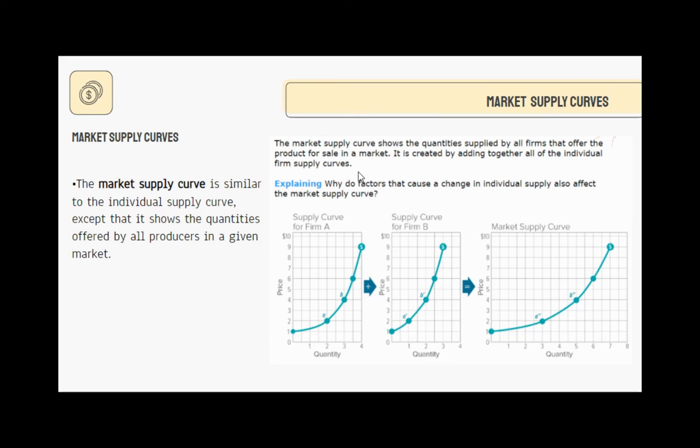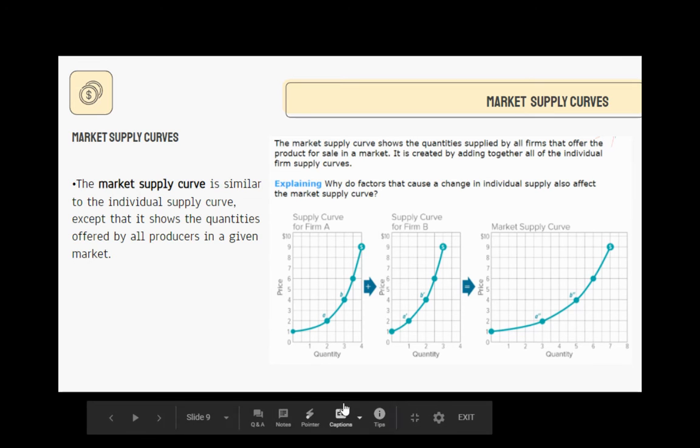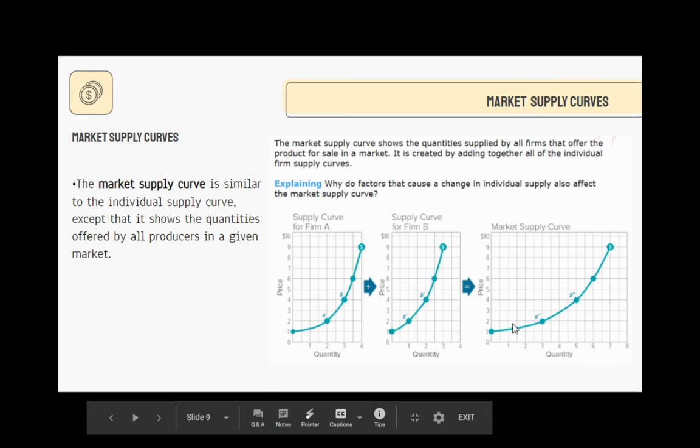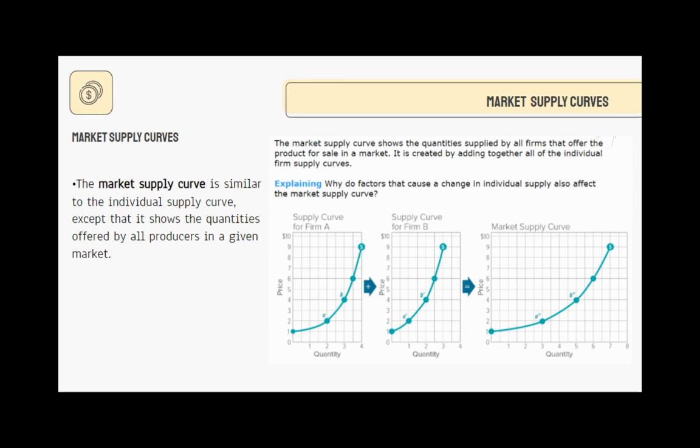It's created by adding together all the individual supply curves. I know we had talked about burritos for the last one. This would be taking all the people that produce burritos, how much it costs, and combining them all together and coming up with this supply curve. So just know that market and individual supply curves differ. Individual, you're looking at one place. Market would be looking at all the places. Does that make sense?